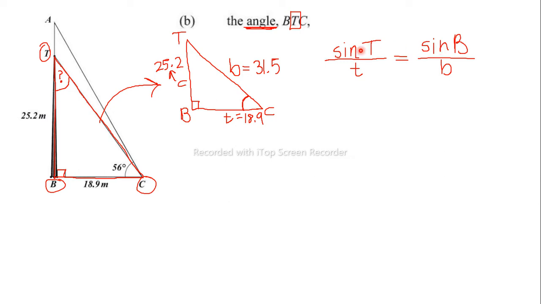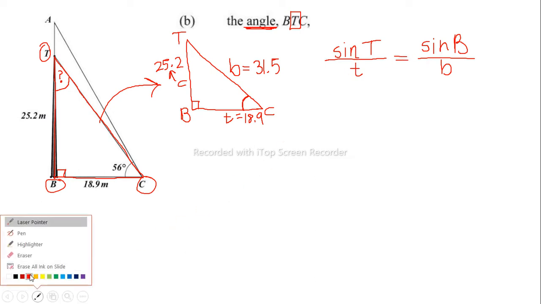Given any triangle, whether it be a right angle triangle or whatever, sine of one angle divided by its corresponding side is equal to sine of another angle divided by its corresponding side. And so let's fill it all in to figure out this missing angle.